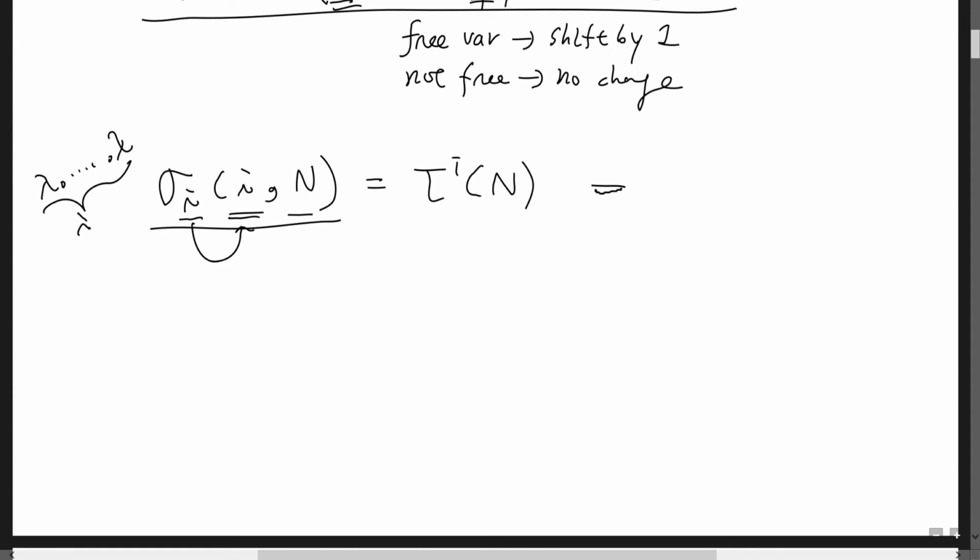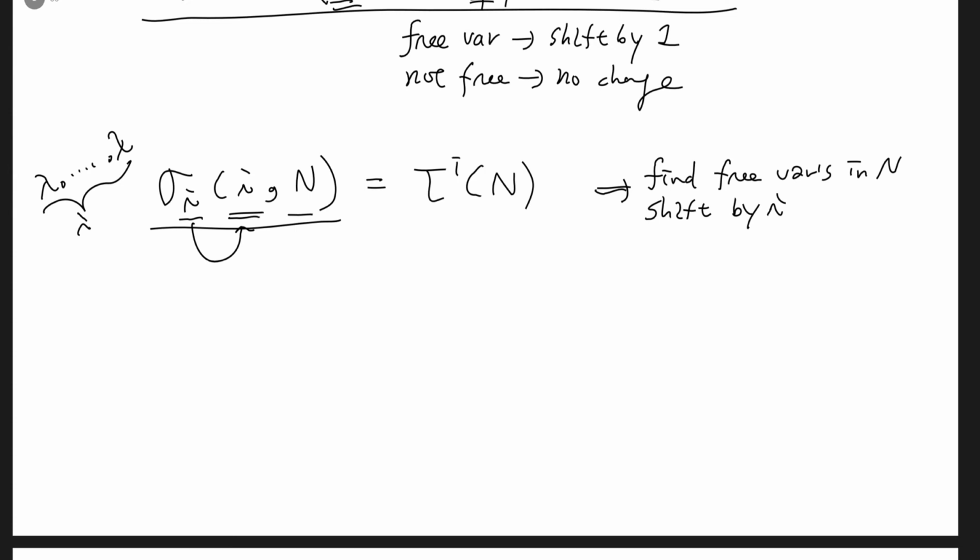This function means: find all free variables in n and shift them by I, that is, add I. Then how can we tell whether a given index denotes a free variable or not?